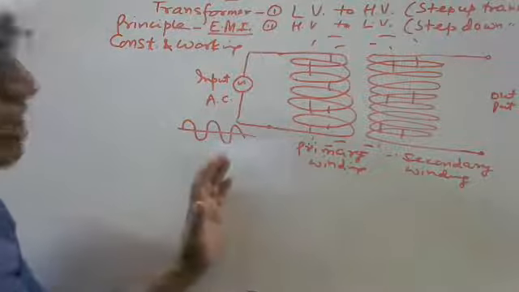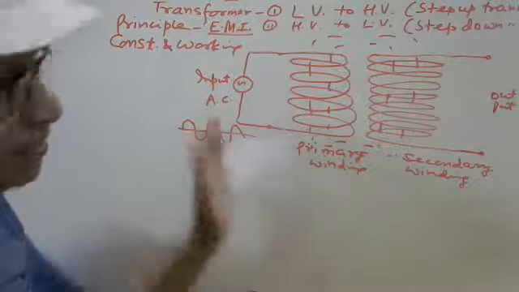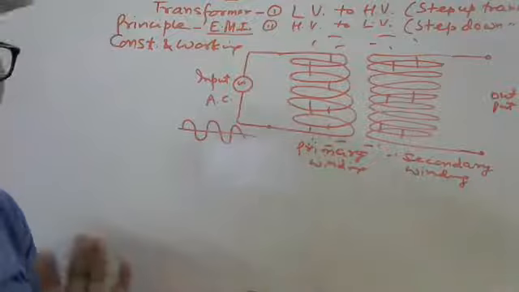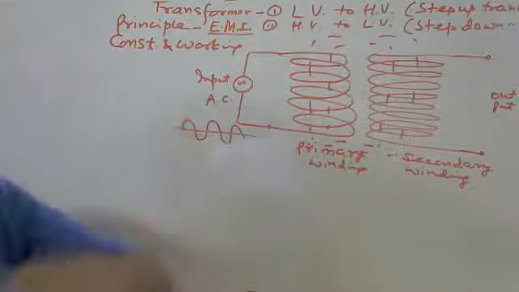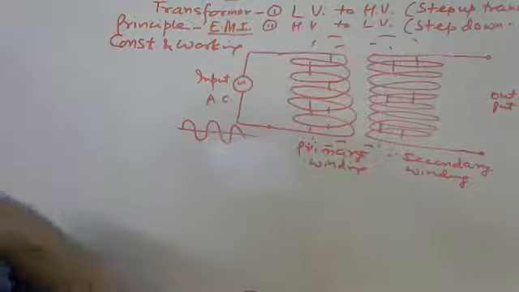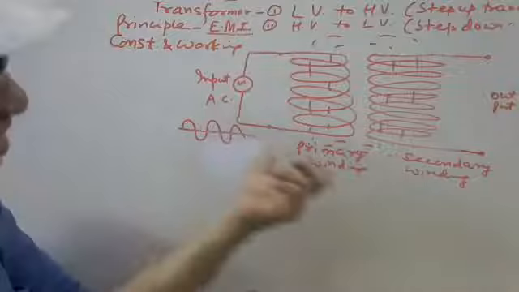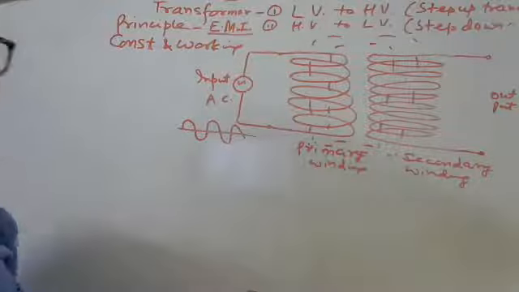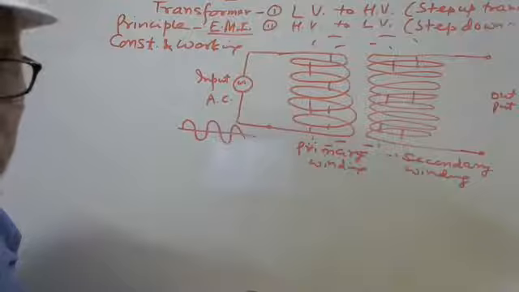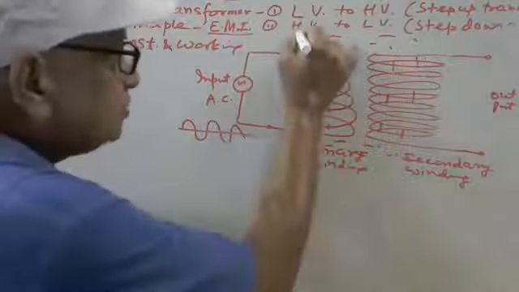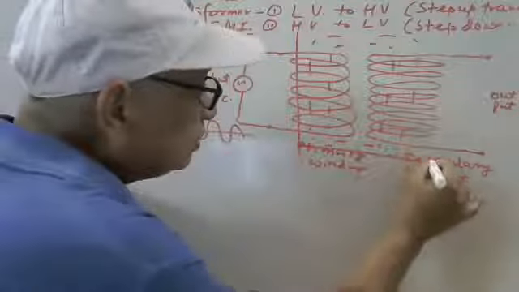So most of the lines of force are now linking with the secondary, using the soft iron core.